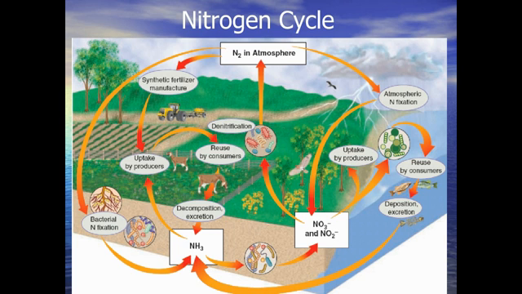Once it's in ammonia, it can be absorbed by plants. Where does all the matter come from in our food chain? It starts with plants. Right, so it can be absorbed by plants. There's another type of bacteria though.